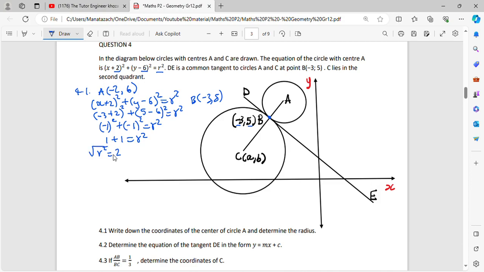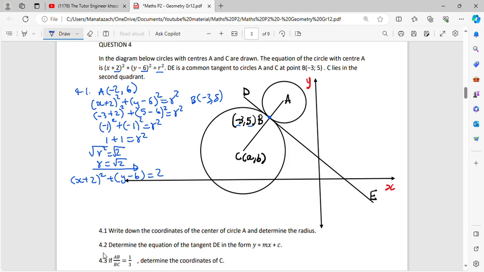If we want the radius, we'll say the radius is √2. That's the radius for circle A. Then we can write the entire formula as (x + 2) squared plus (y - 6) squared is equal to r squared, which is 2. So that would be 4.1.